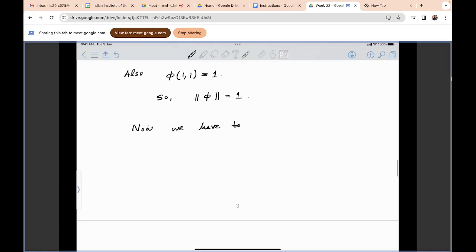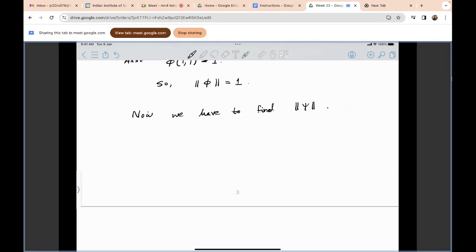We have to find the norm of psi. So what will be the norm of psi?